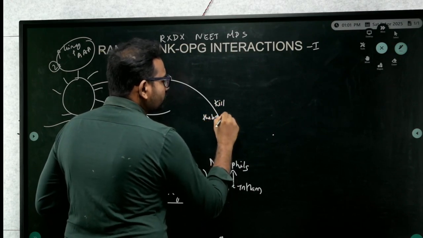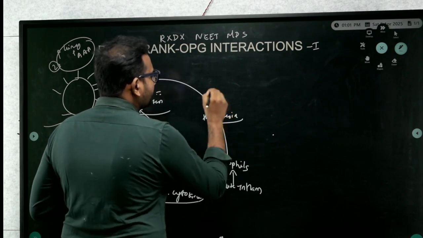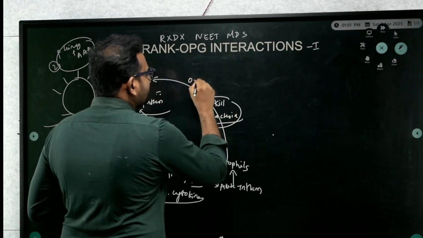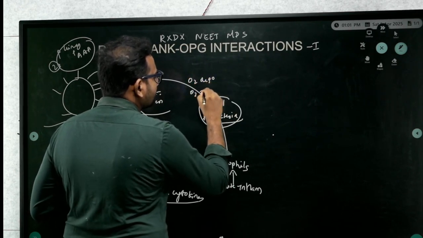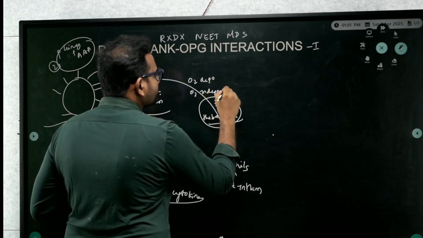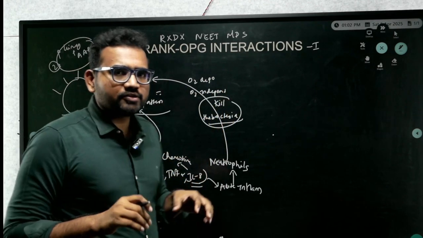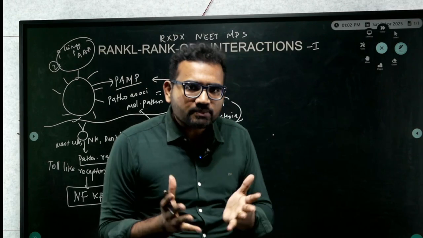There are a lot of ways the neutrophils kill the bacteria, predominantly oxygen dependent and oxygen independent. Okay, so it is going to engulf the bacteria, release reactive oxygen species, and kill the bacteria.